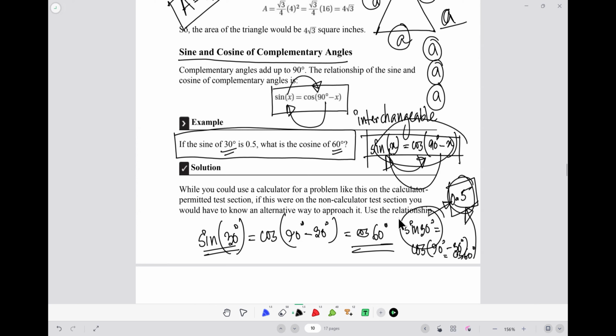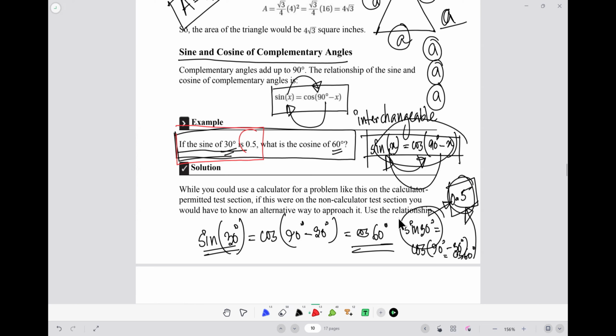Okay, I'm giving you the explanation again. We have been told that the sine of 30 degrees is 0.5.